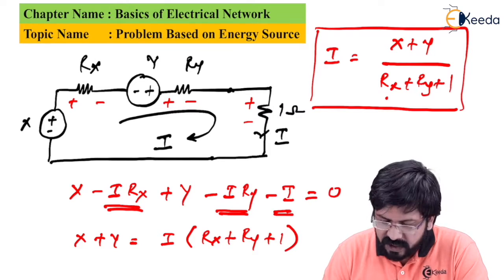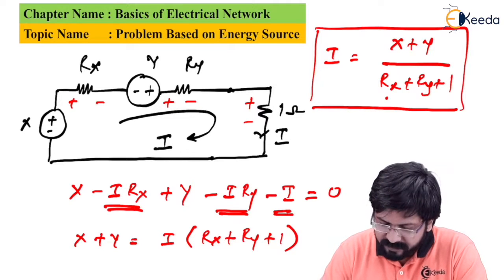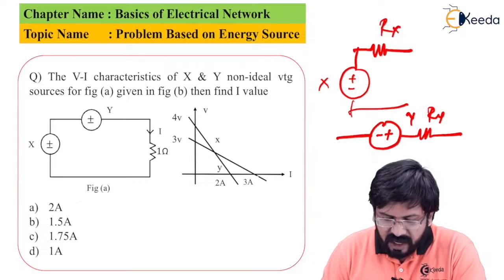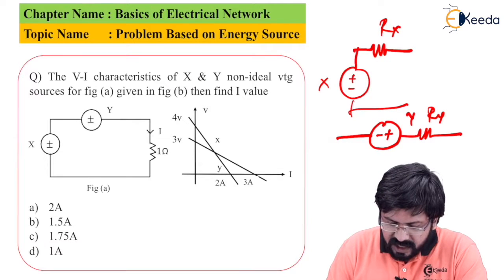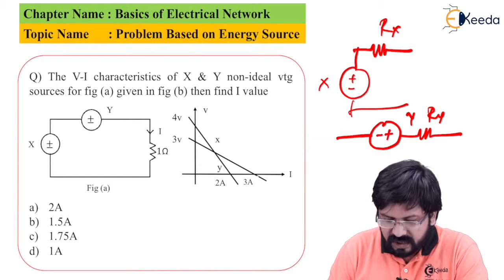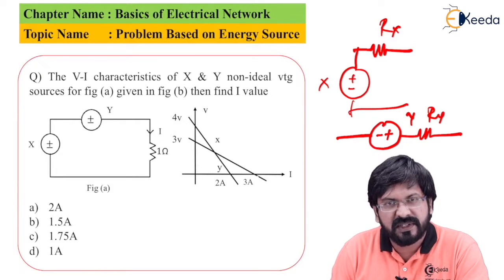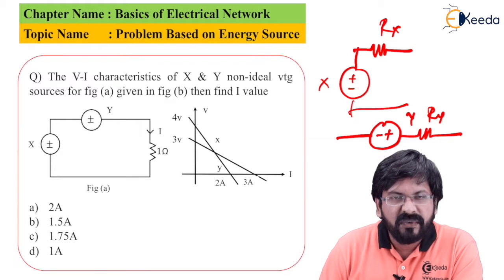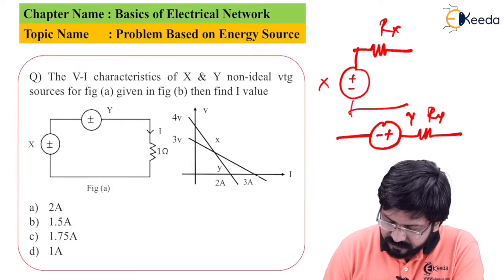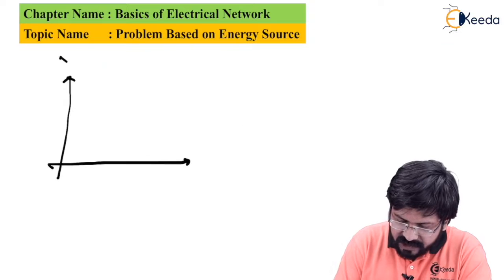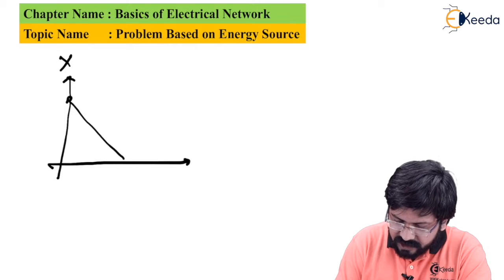For this, we need to check back our problem. In our problem, as you can see, the X voltage source is given with a characteristic. If you remember, we have seen the characteristic for practical voltage sources. So for X, they have already provided us a characteristic.